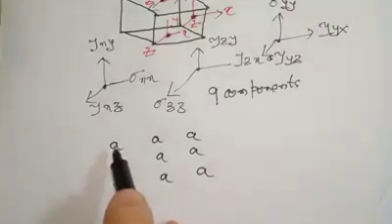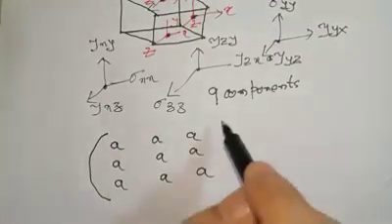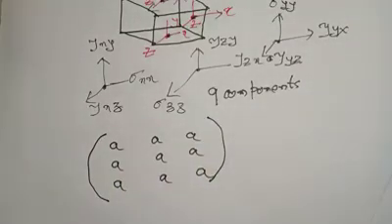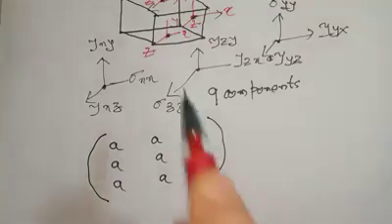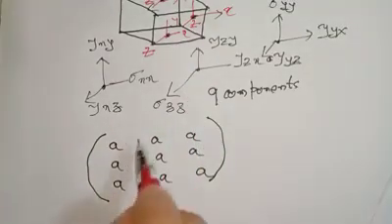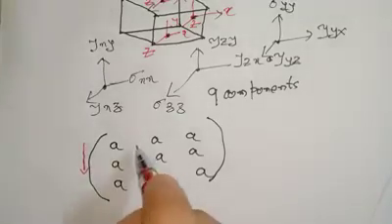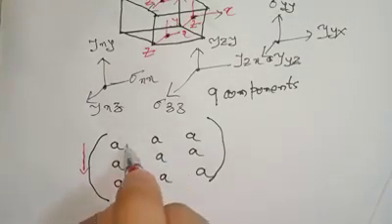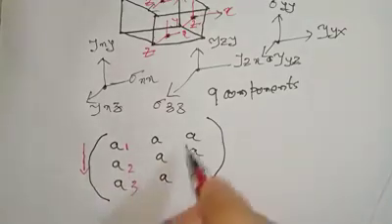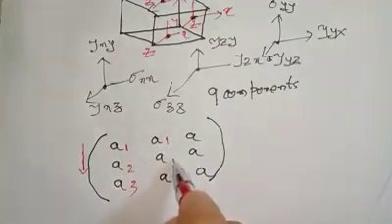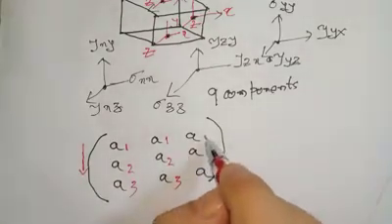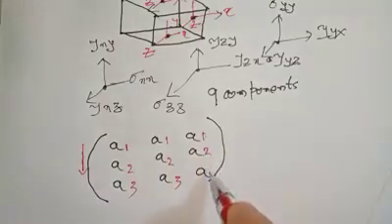And I can put a brace around it. Generally students get confused, but there is a wonderful way in which you can write it. The first component goes this way, so we write 1, 2, 3 this way, 1, 2, 3 this way, 1, 2, and 3.